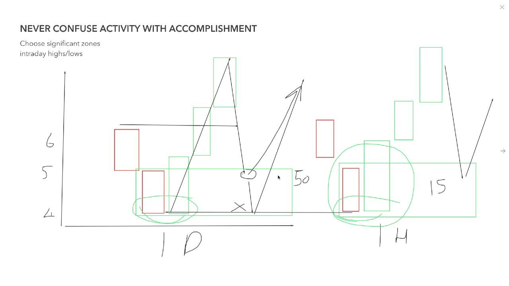The second thing would be if the hourly zone that you're looking at, or intraday zone, it could be a 15-minute, a 10-minute, a 5-minute, was created by a news event.